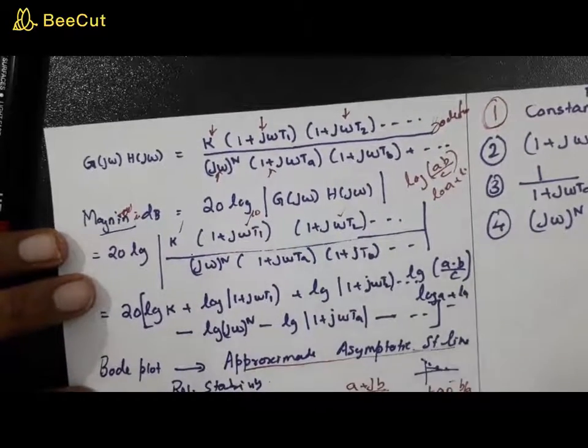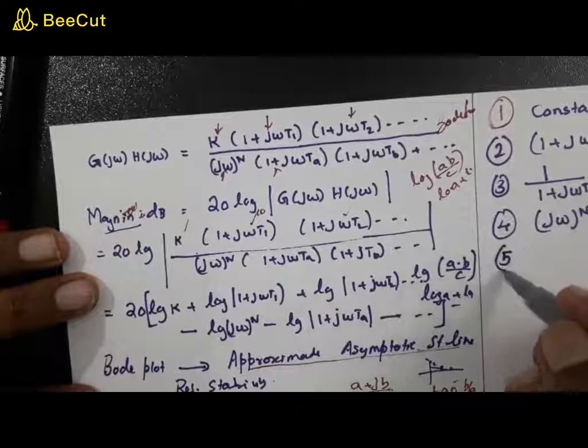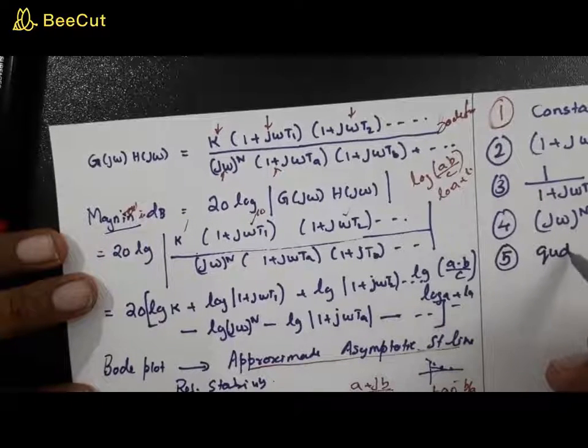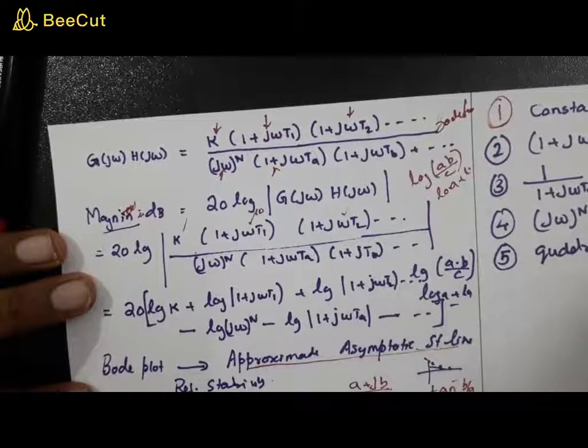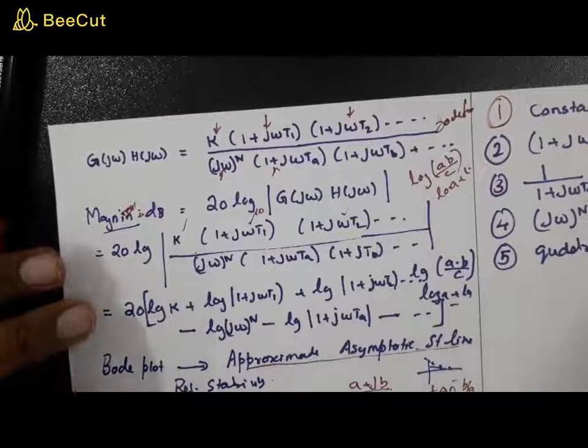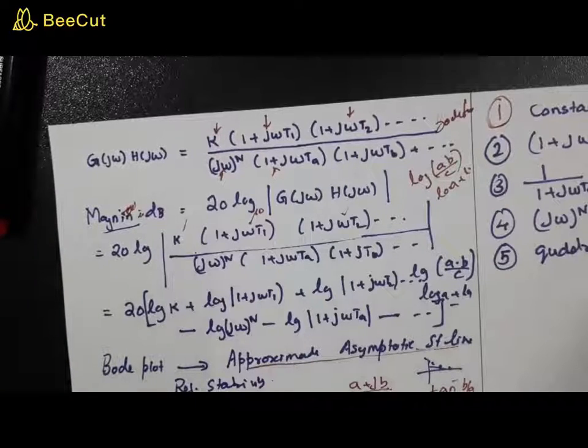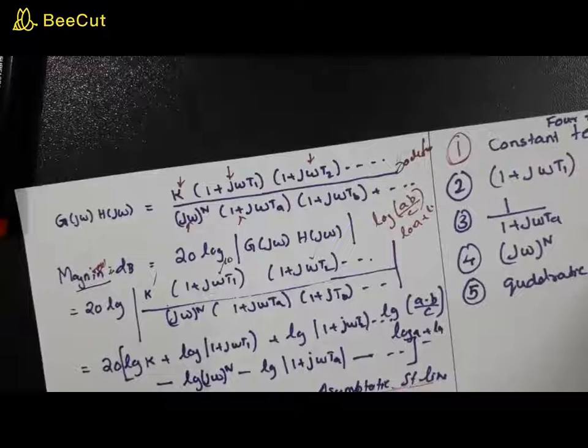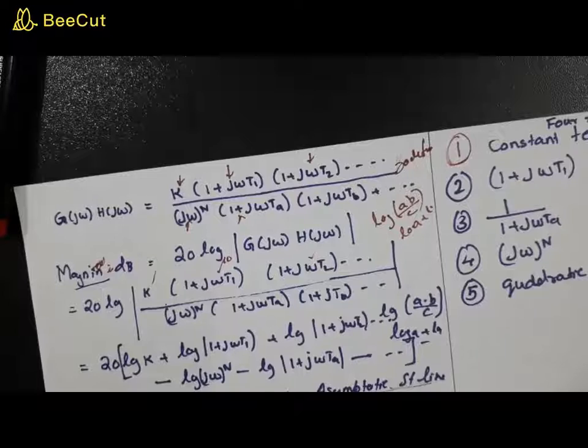Now apart from this, another quadratic form is also possible, of the form 1 plus j2ζω by ωn plus (jω by ωn) the whole squared.